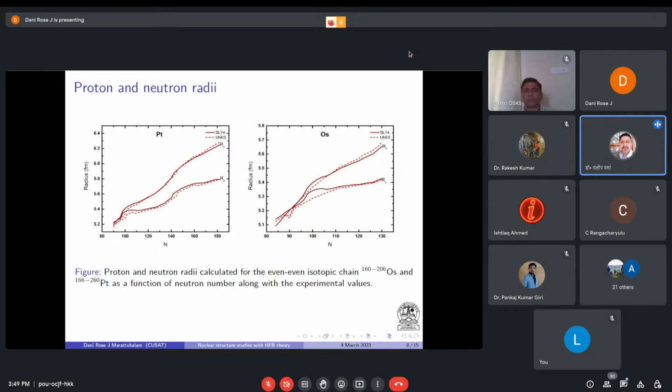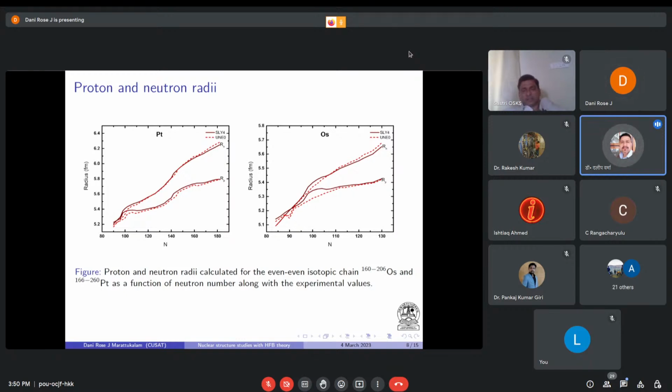This may be the radius of some nucleus or the charge radius, or it may be the matter radius, but it cannot be the proton or neutron radius. Am I right? But why can't it be the proton or neutron radii? Look at the caption of your figure.